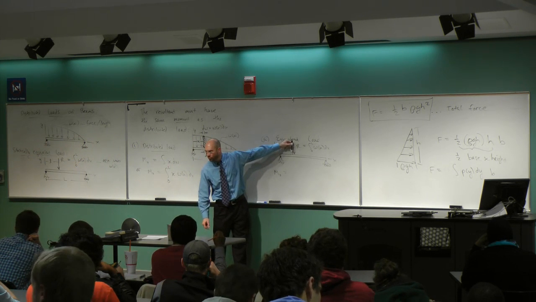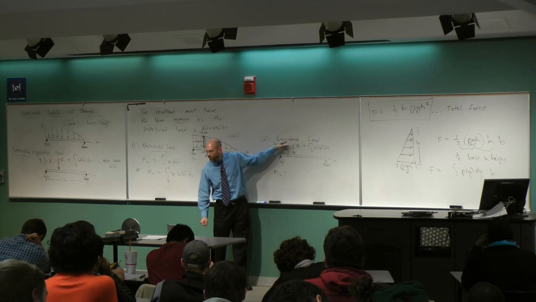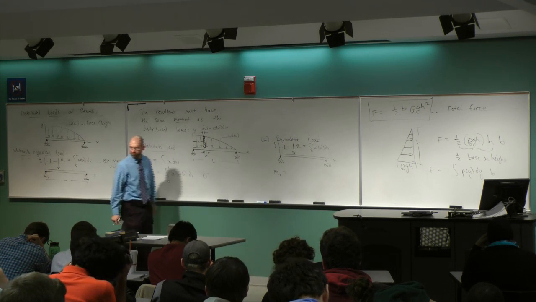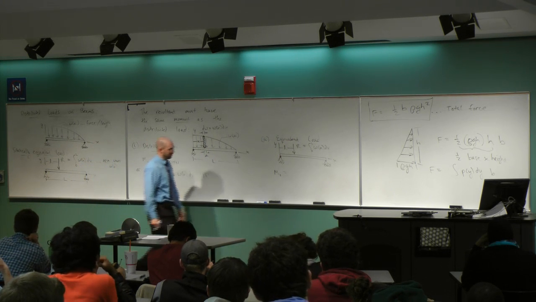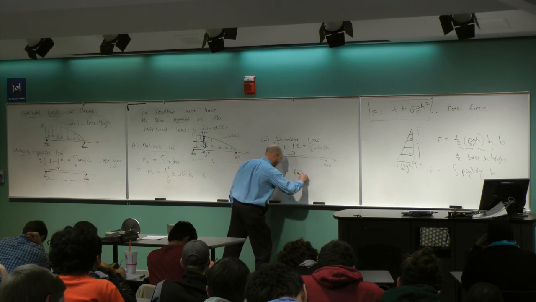I take the force times the distance, right? That's what makes it spin. What's the distance? Small l. So this one is pretty trivial the way I drew it. Isn't it just R multiplied by l?